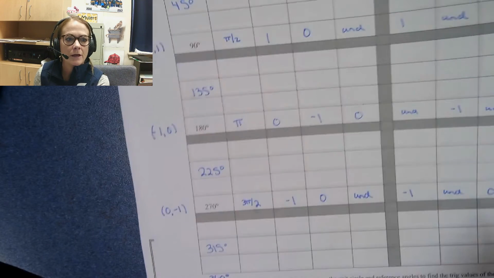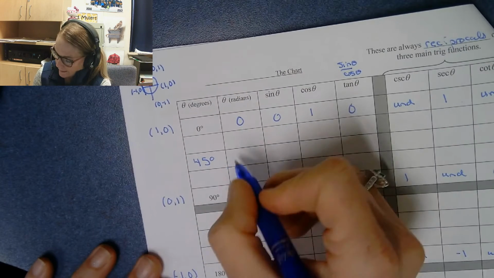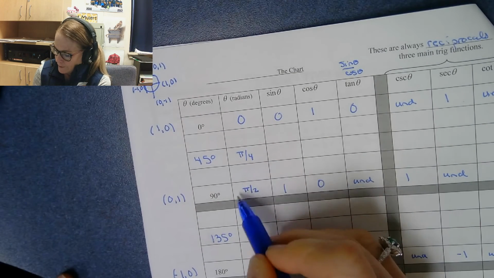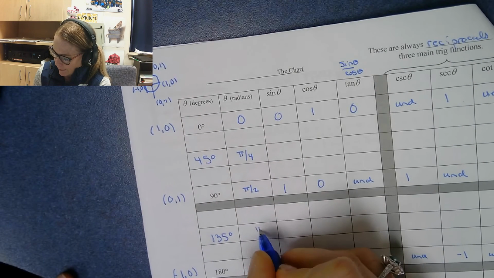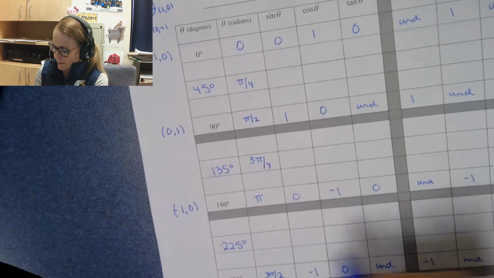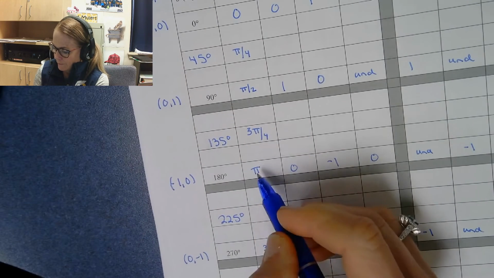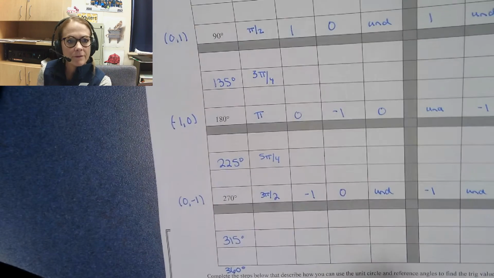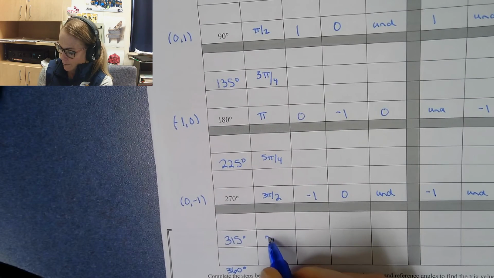In radians, this is pi over 4. So 1, 2, 3, that's three pi over 4. Then 3, 4, 5, this is 5 pi over 4. And then this is 7 pi over 4.